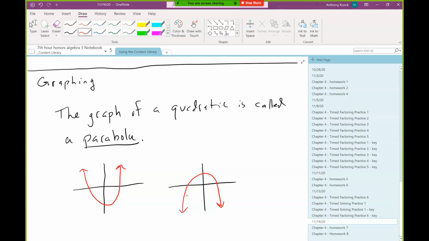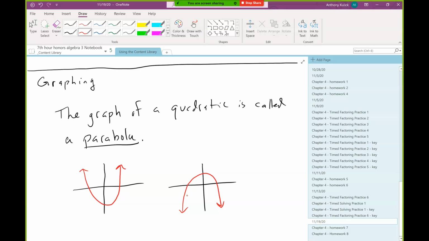And if we are extending our option to deal with things that aren't necessarily functions, you could have quadratics that open left or open right. In those situations, you'd have like y squareds and just x's.